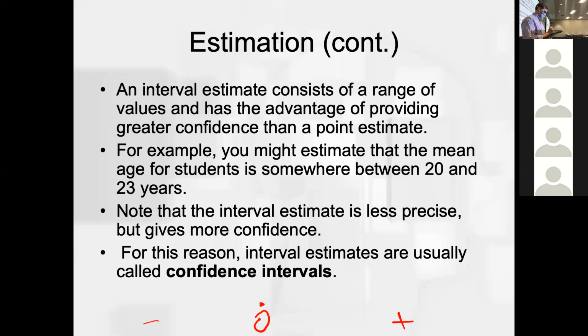So let's say our point estimate is 3, and we've got a confidence interval of plus or minus 2. We can say with 95% confidence that the true difference between those groups is likely between 1 and 5.